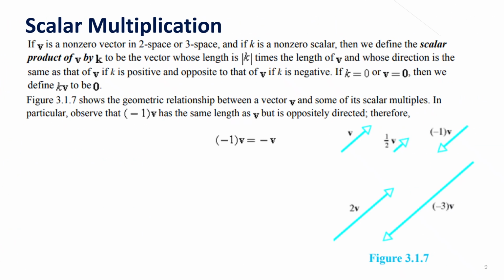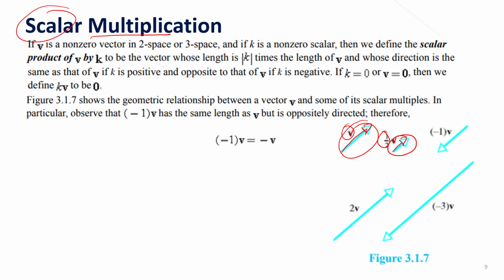Okay, when we have scalar multiplication of vectors, it basically means that we want to change the size of the vector without affecting its direction. For example, if you have this v and you multiply it by a positive scalar, half of v, the direction of the vector is the same, however the size will be half of the previous one.